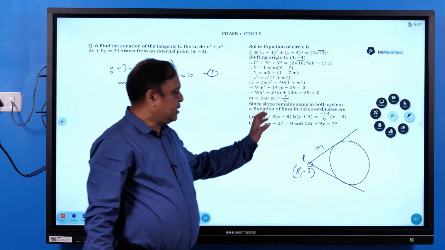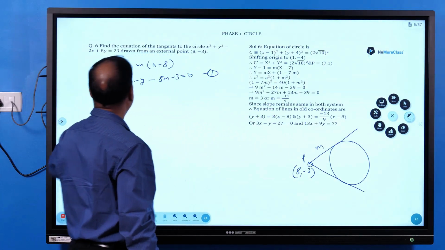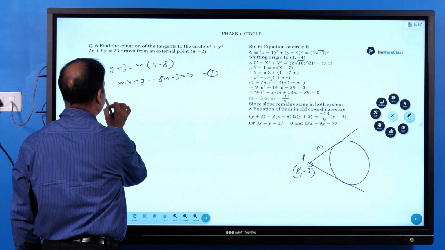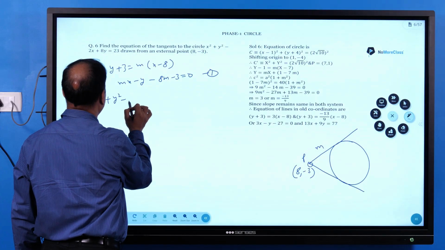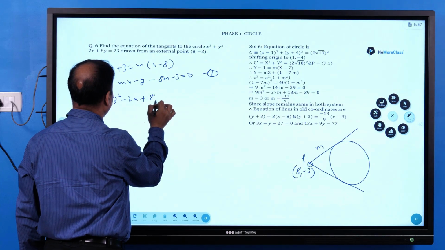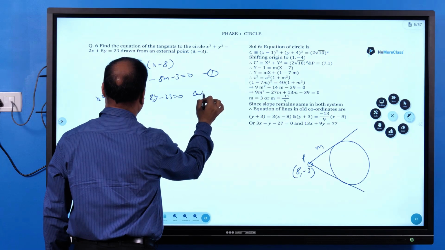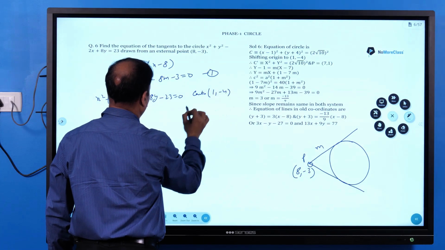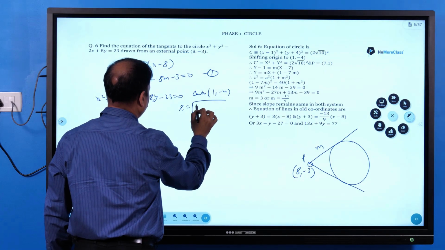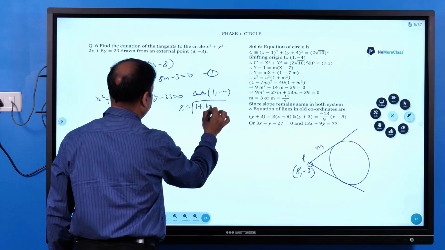Now if this line is tangent to this circle, what is the circle? x² + y² - 2x + 8y - 23 = 0. Its center is (1, -4). Radius is equal to √(g² + f² - c).